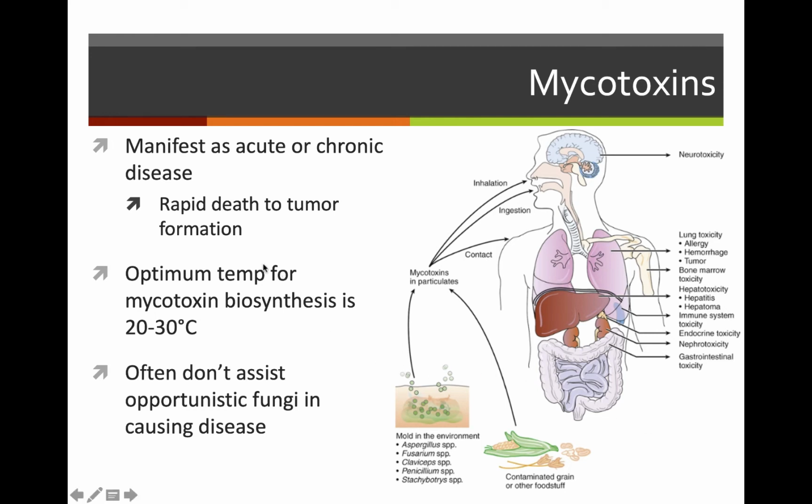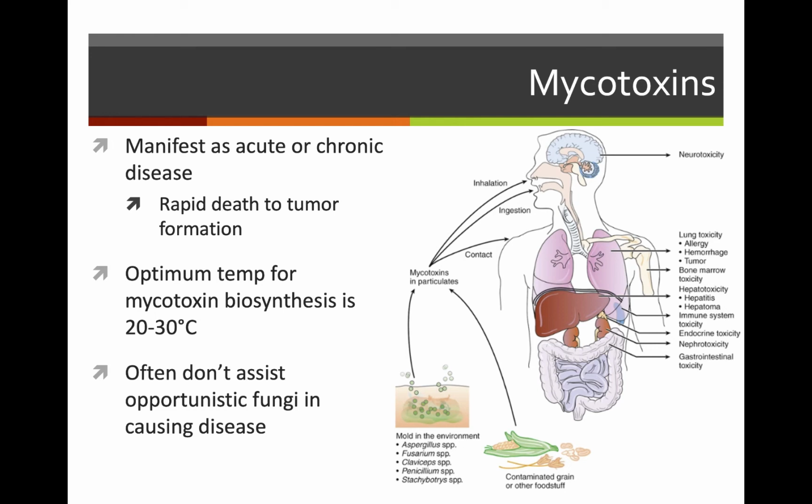The optimum temperature for mycotoxin biosynthesis is going to be anywhere from like 20 to 30 degrees. And even though you see here aspergillus, some of our opportunistic fungal infections can produce mycotoxins, they usually are not going to help the fungus cause disease.